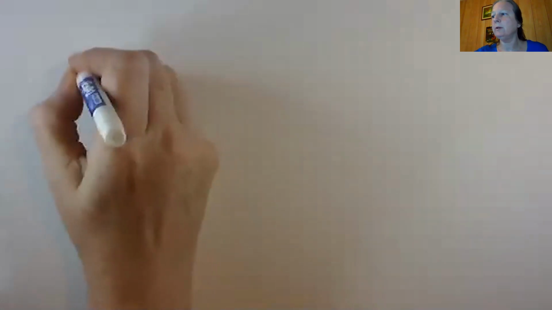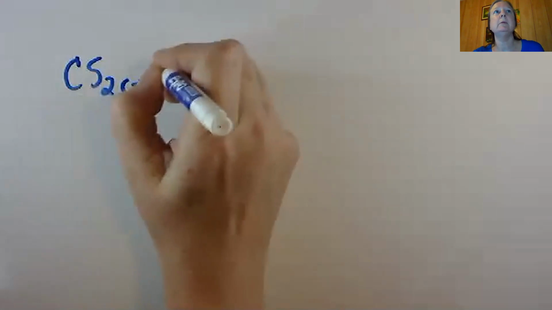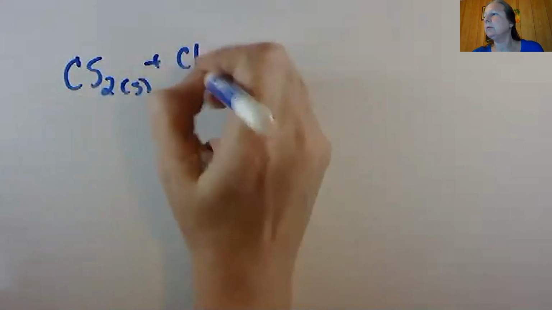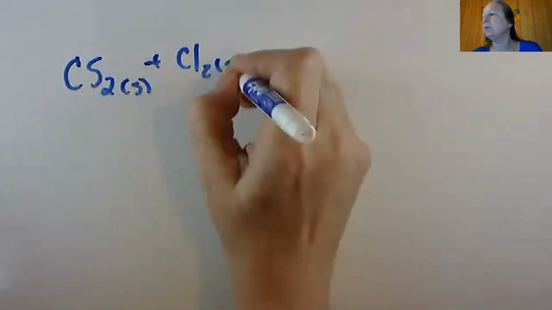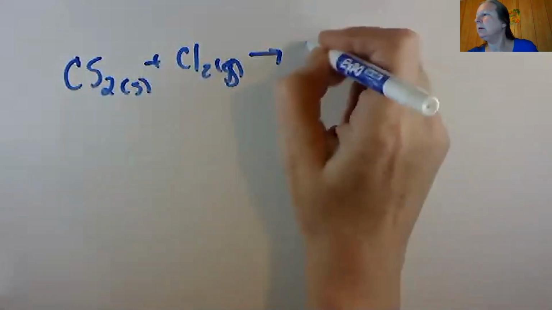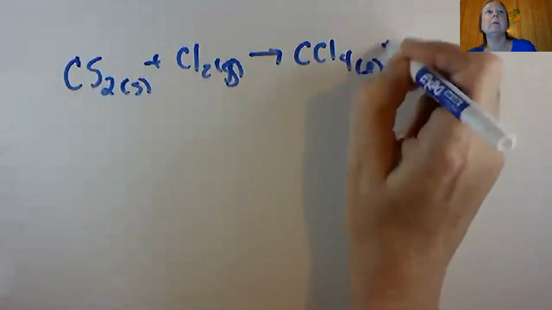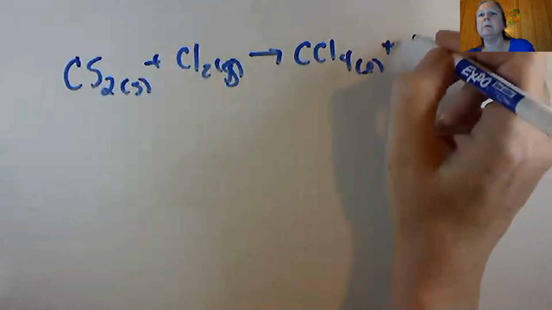So the first one is carbon disulfide plus chlorine gas yields carbon tetrachloride.